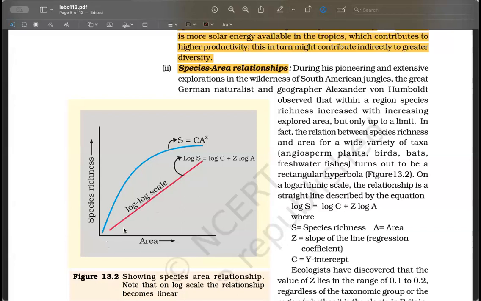That will confuse you. It is just a log scale of the same relationship. So I'll talk about it later. Look at the blue line. After one given area, we just see increase in area, but we do not see increase in species richness, isn't it?